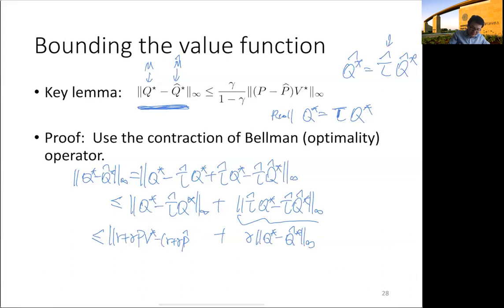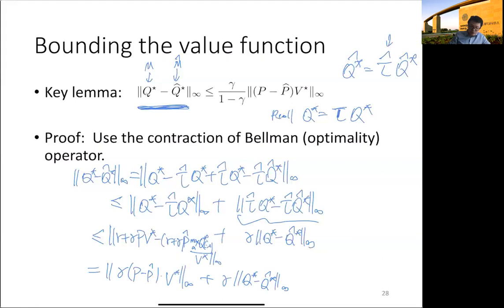Notice that in the Bellman optimality operator, you are always maximizing over the columns of this Q star function, so this will be the max over a of Q star(s, a), which also gives us V star. If we collect everything together and cancel the unnecessary items, the r cancels out. We get gamma times the infinity norm of (P minus P hat) multiplied with V star, plus gamma times the infinity norm of Q star minus Q hat star.